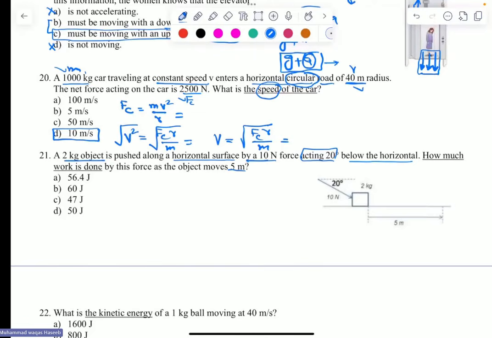The object moved 5 meters. So work done is what? F d cosine theta. So you have force, you have angle, and you have distance d. So just substitute the values and you will get 47 joules.